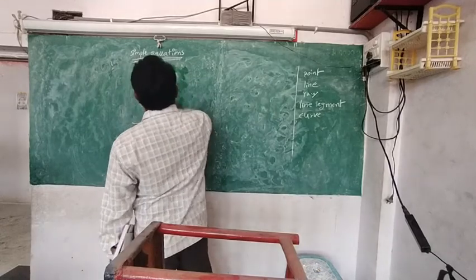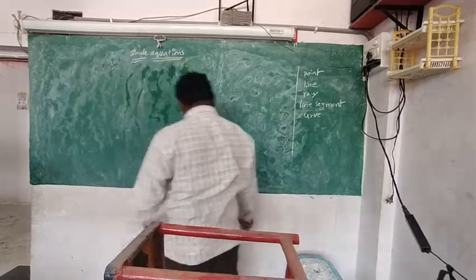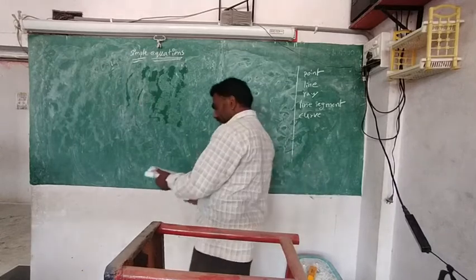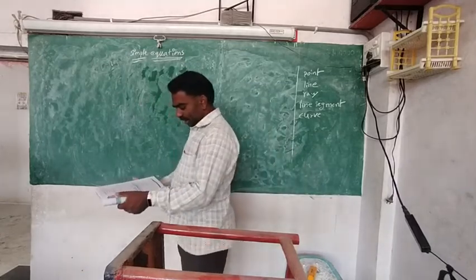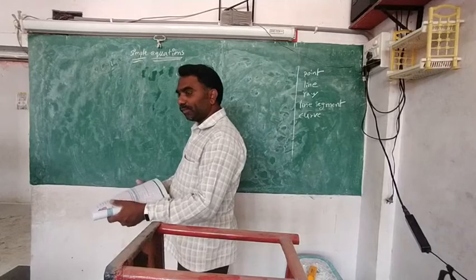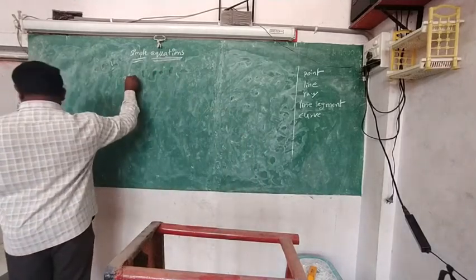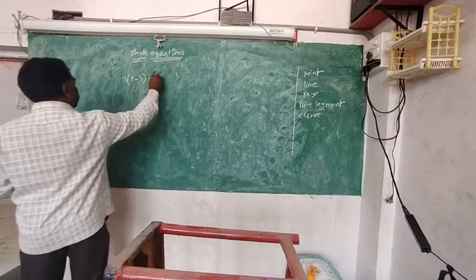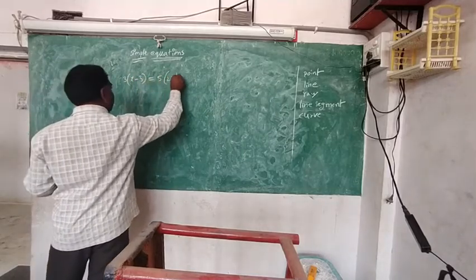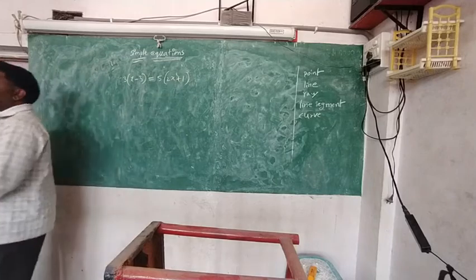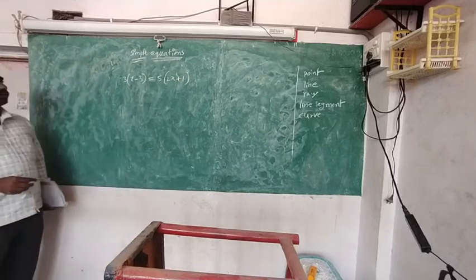Ganesh, second one, the 10th one I said yesterday. Okay, once again: 3 into (x minus 3) is equal to 5 into (2x plus 1). What should be done first?